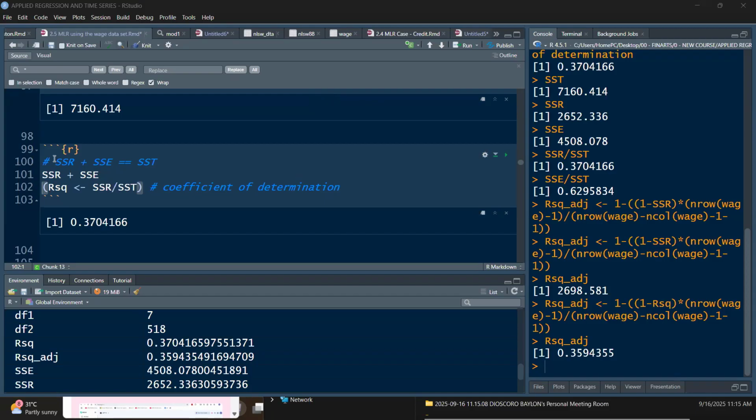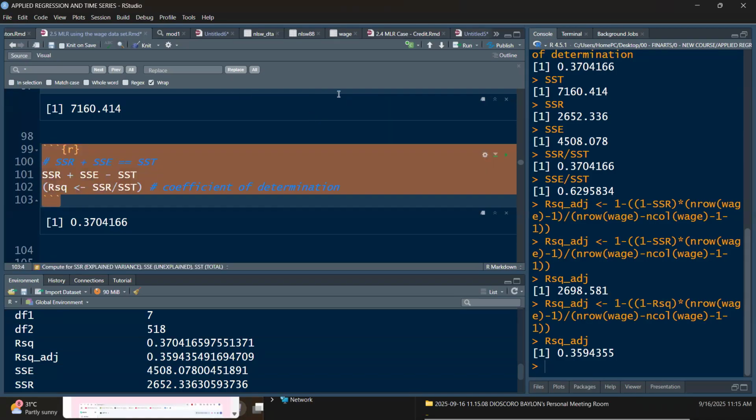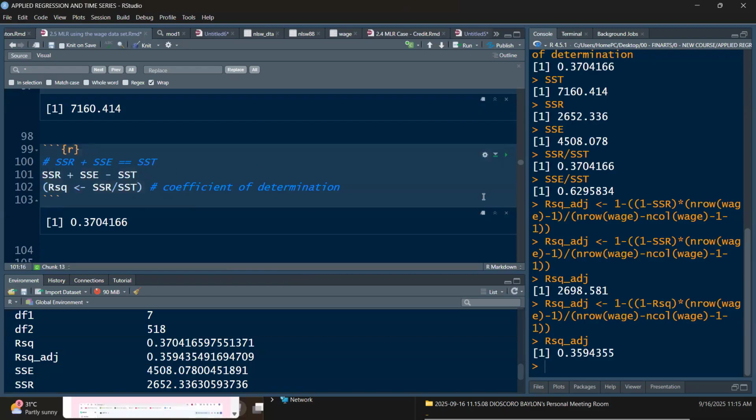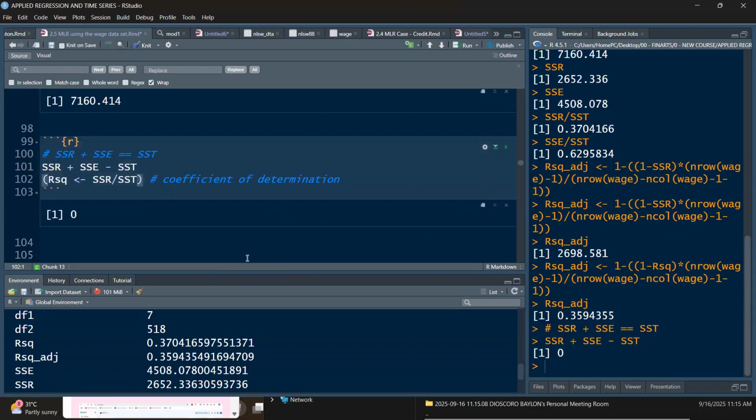Then what we did was to add SSR and SSE, and subtract SST. In the interest of time, I'll share this with you. SSR plus SSE minus SST should be practically 0, because SST is simply the sum of SSR plus SSE.